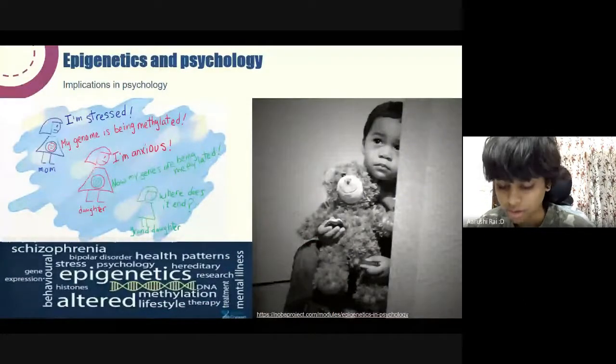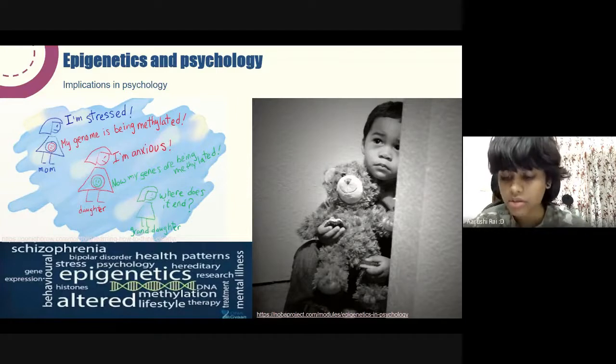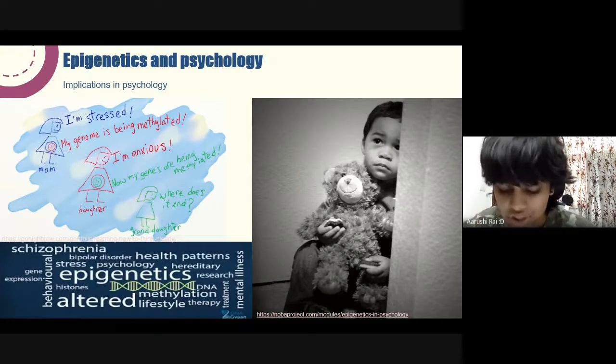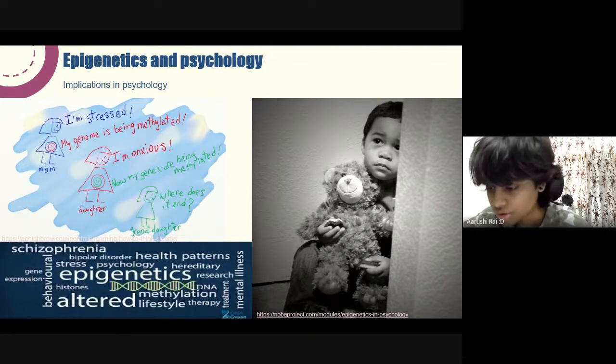Now we have psychology and epigenetics, and the implications of epigenetics in the field of psychology. Epigenetics and psychology helps us to understand how the expression of genes is influenced by nature and nurture around an individual to produce an individual with differences in behavior, cognitive abilities, and even personality, as well as mental health.